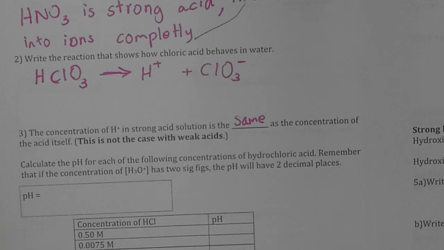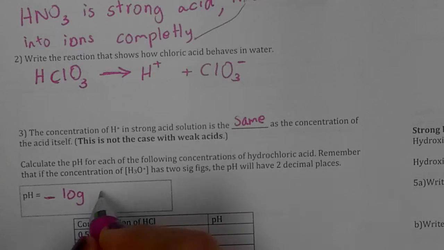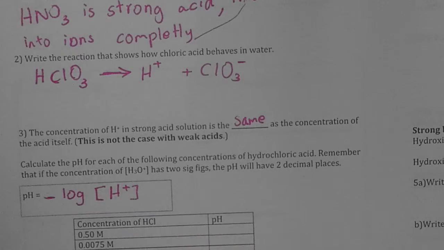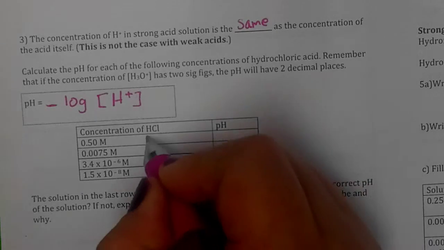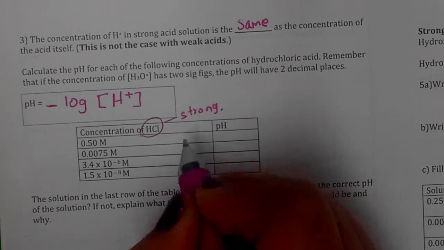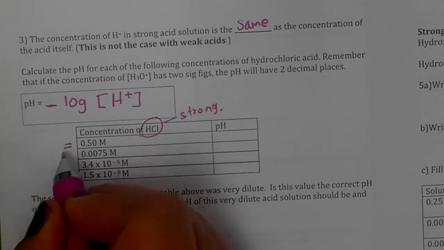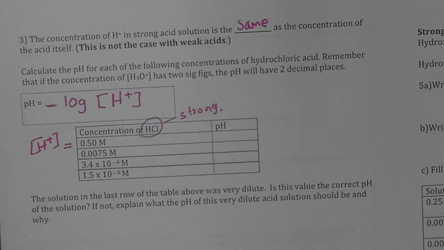Okay, let's go ahead and write the pH equation. How do you find the pH? Negative log of H plus or H3O plus, doesn't matter. Remember, HCl is a strong acid, right? So therefore, these are also equal to the concentration of H plus. Agree?